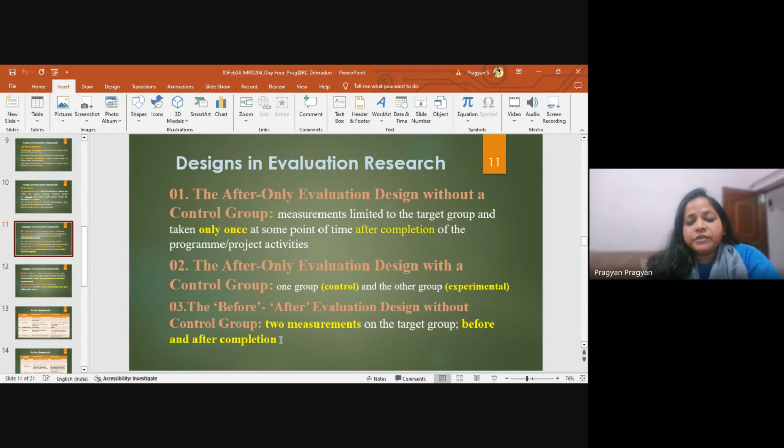But when we say that we are going to introduce a control group, you are creating some sort of categorization on the basis of some artificial yet logically reduced division or marker. You are dividing that population in two categories.